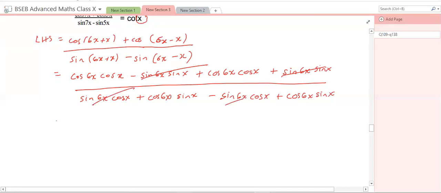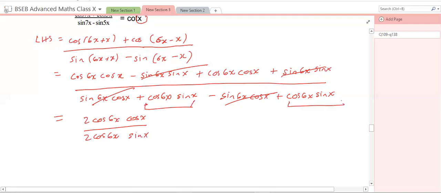So what we are left with now on top is 2 cos 6x cos x over, in the denominator, we have 2 cos 6x sine x. See, this one and this one is the same, so we have 2 of those.